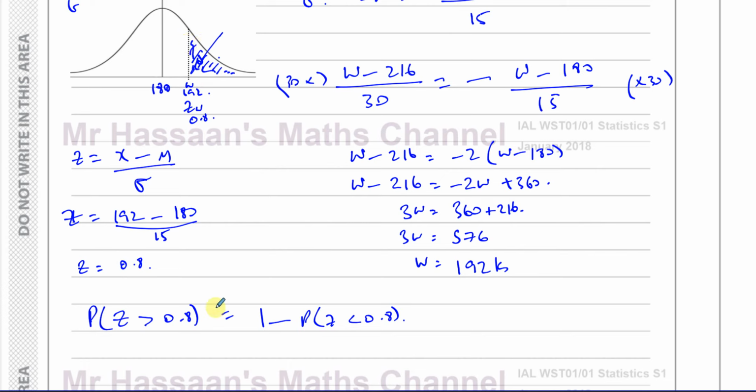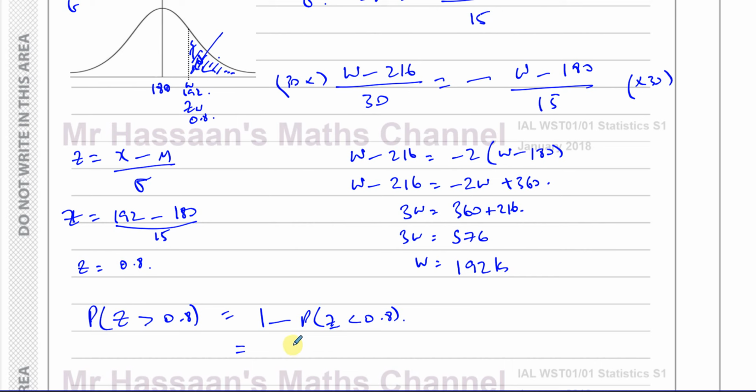Now the big table that we're going to use only has the area to the left of those Z values. So if I find the area to the left of it and subtract from 1, because the whole thing is equal to 1, I found the area I want.